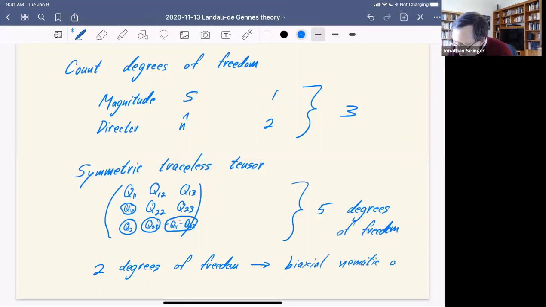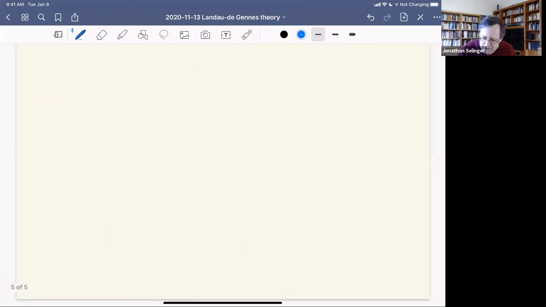Now, the concept of a biaxial nematic phase is a theoretical concept that a lot of people are interested in, but it's not a common thing experimentally. So there are speculations that there can be a biaxial nematic phase.